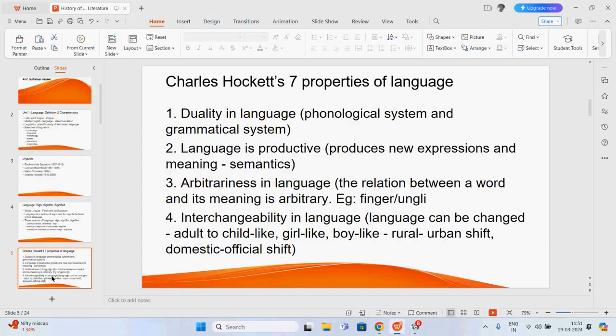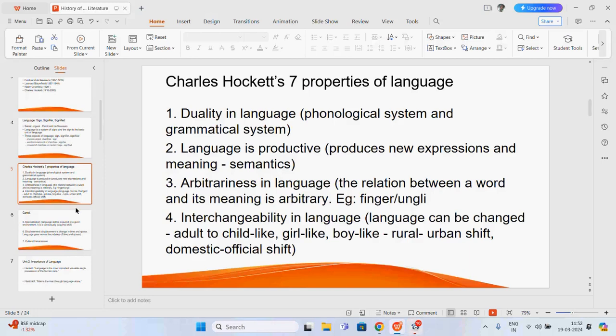So how English is spoken in a city may vary from how English is spoken in a small town. And the end purpose, are we using language at the home level? It will be definitely different. When parents and children talk in the family, the kind of words, the kind of language they use will be different. But the language that will be used in a bank, in an office will be different. It won't be the same.